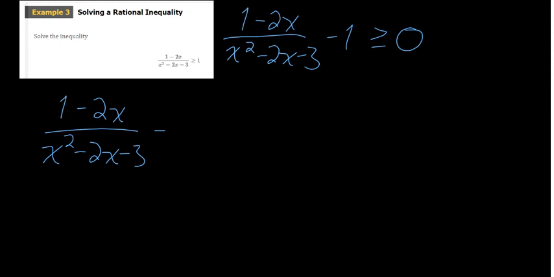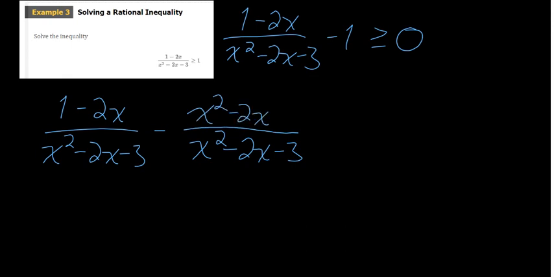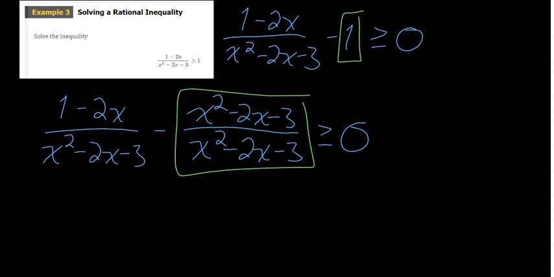We just simply say x squared minus 2x minus 3 over x squared minus 2x minus 3. That makes sense? So all I did was change this 1 into this. Well, that is 1.